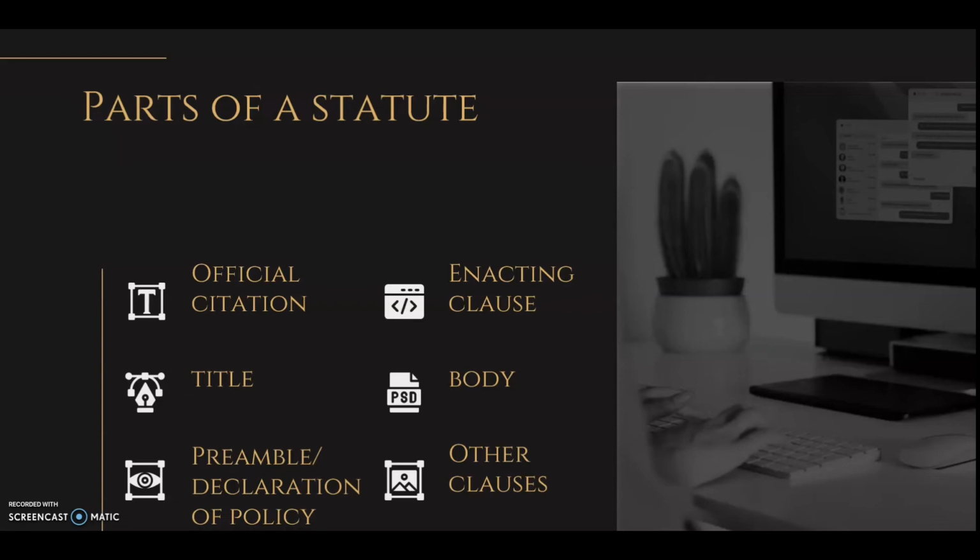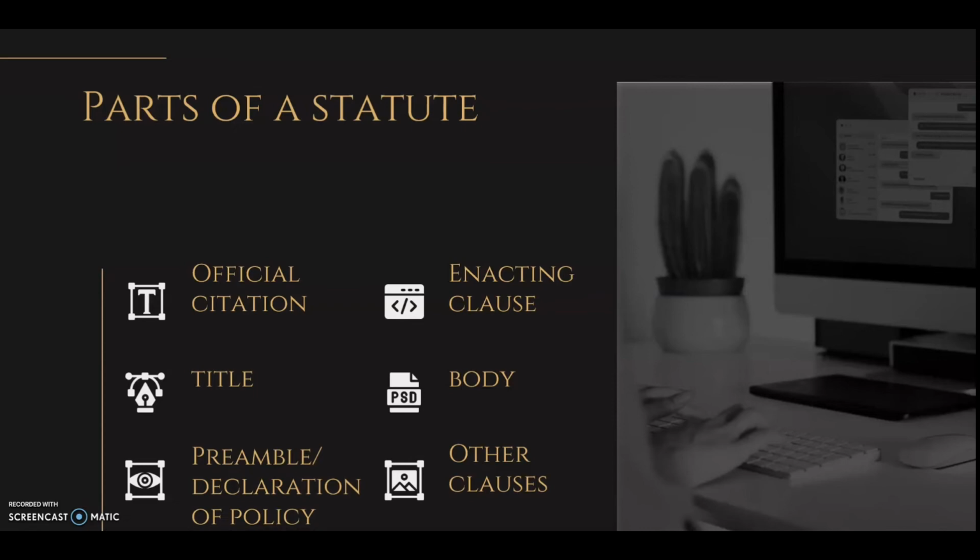Next, we have the preamble. Okay, so usually the signal for this are the whereas clauses that precede the body of the statute. It enumerates the aims or objectives of the statute, and also declares the policies that guide the legislature in enacting the statute.